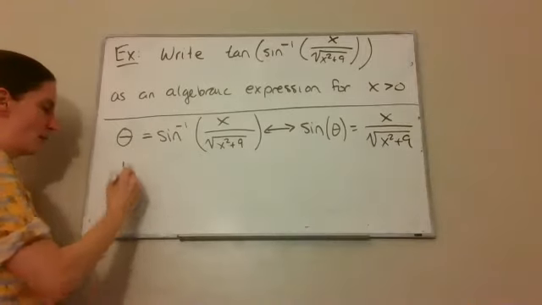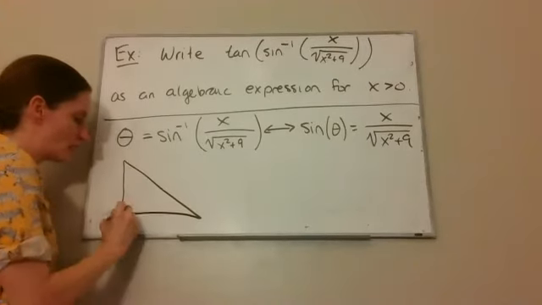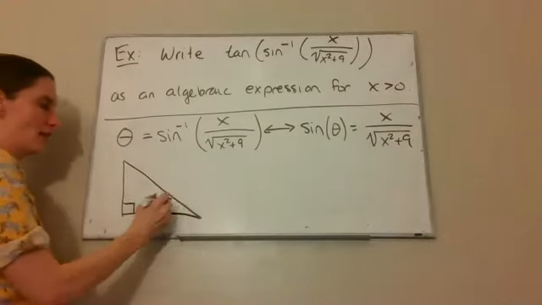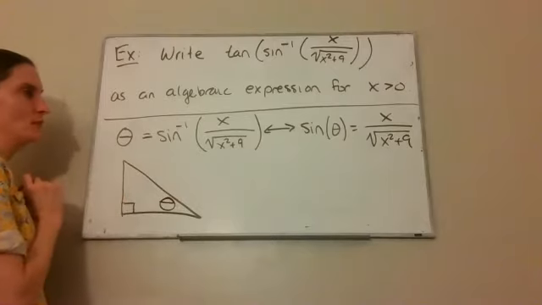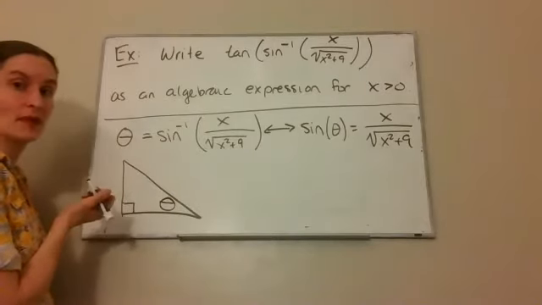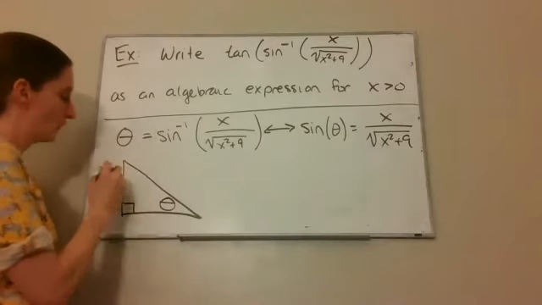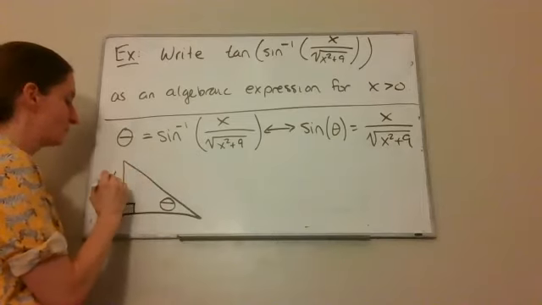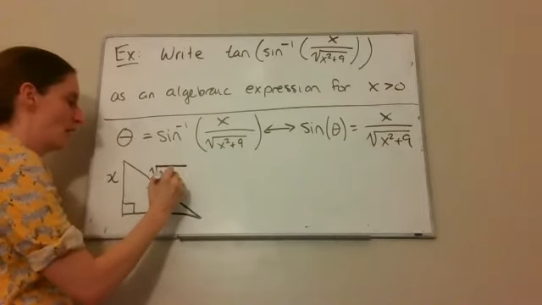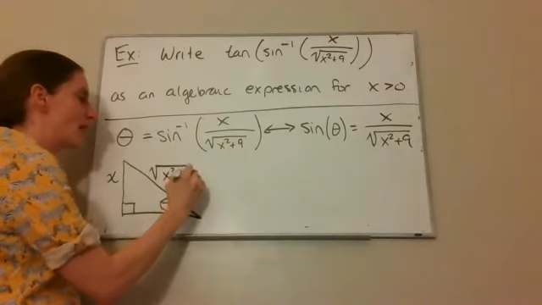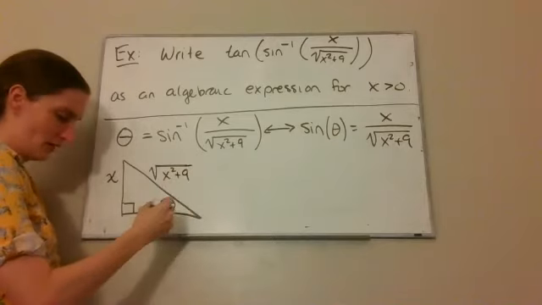Now I can set up a nice triangle and use our right triangle trigonometry. If this is theta, sine of theta is opposite over hypotenuse. So the opposite is going to be x. My hypotenuse is square root of x squared plus 9. And I don't know what this guy is.